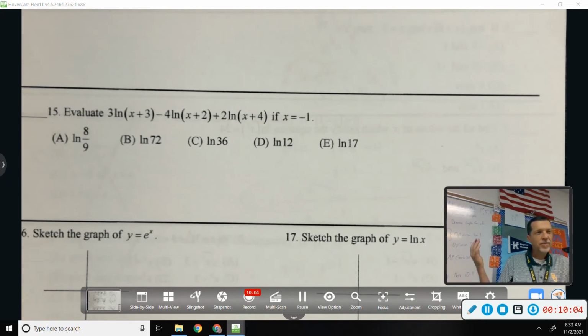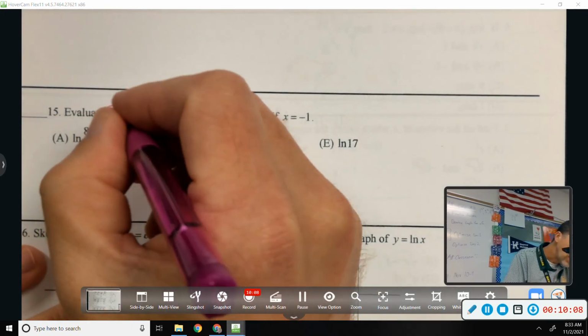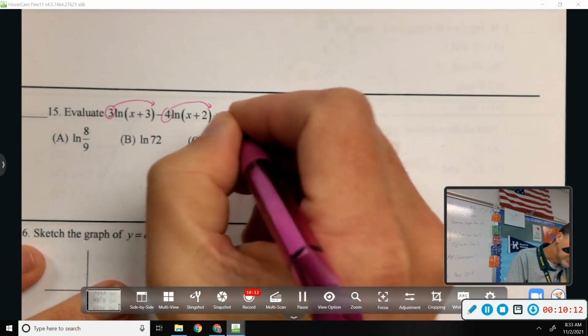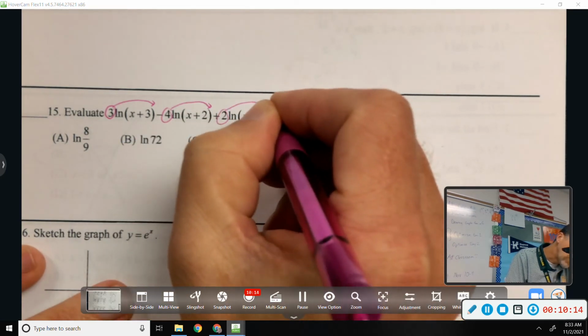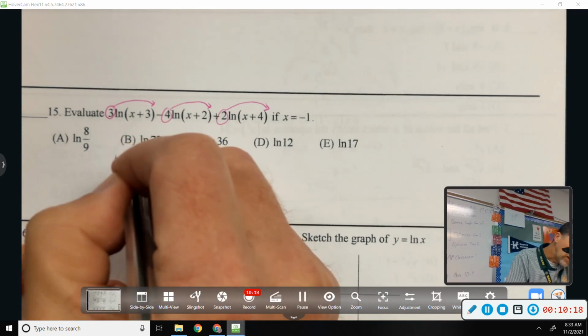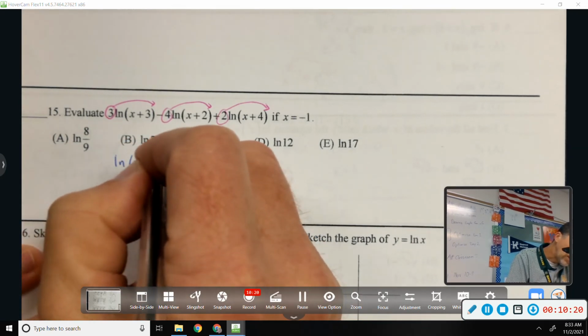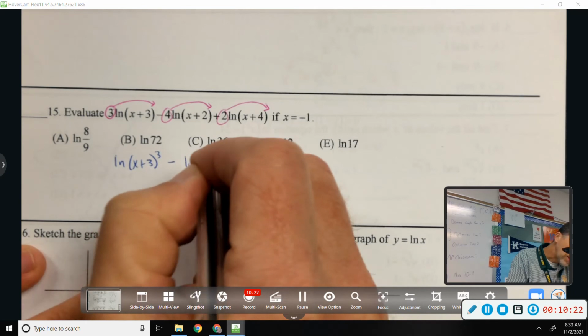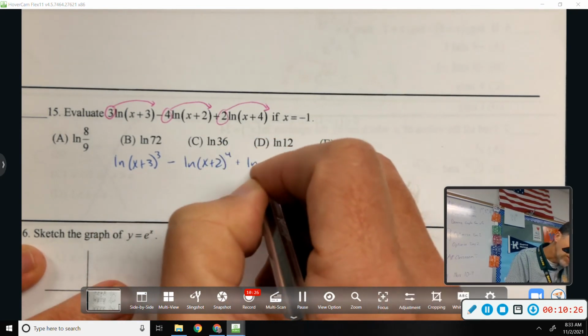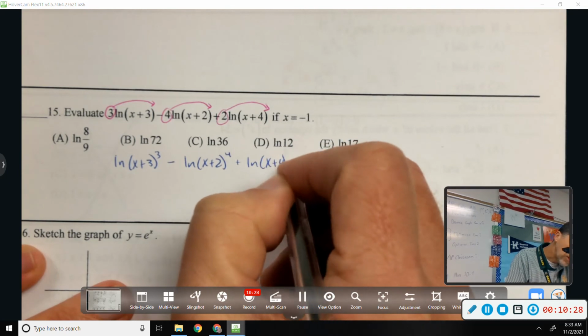Just put it in first. Let's condense. I think condense first. Yeah, I agree. So I'm going to put all of those coefficients up at the top. So natural log x plus 3 cubed minus natural log x plus 2 to the 4th plus natural log x plus 4 squared.